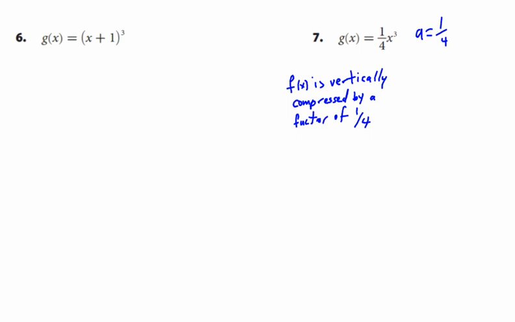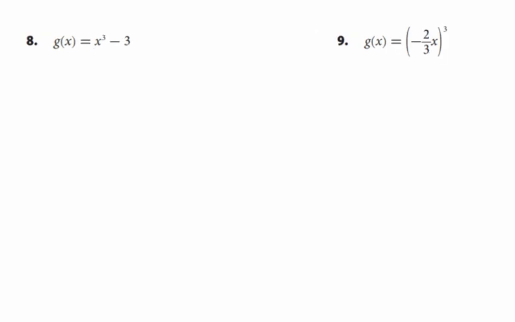I think 6 translates left to right. Anyway, okay, here we have 9. g of x equals quantity negative 2/3 x, cubed. What I'm going to do is, again, as I did in problem 3, take this negative 2/3 outside and cube it, and then leave this x cubed here.